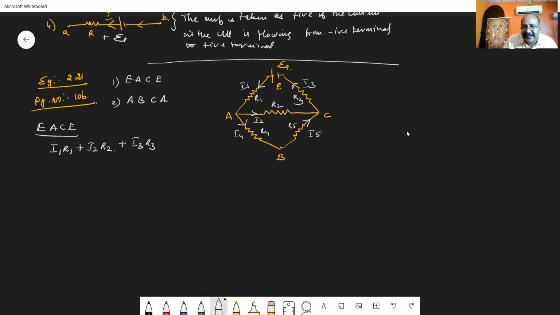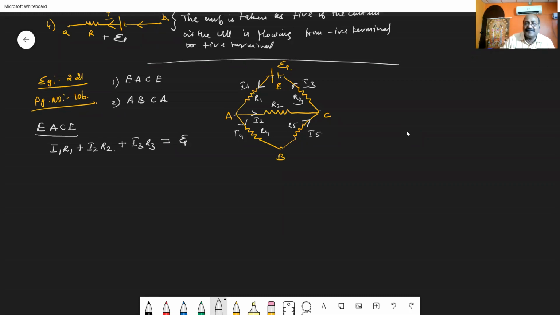So on the left hand side, I have the algebraic sum of products of current and resistance, which is equal to the EMF. When I am considering the closed path EACE, the EMF available is E. Whether this EMF is positive or negative: when I am considering the closed path E, A, C, E, the current is flowing from the lower end to the higher end, from negative terminal to positive terminal.